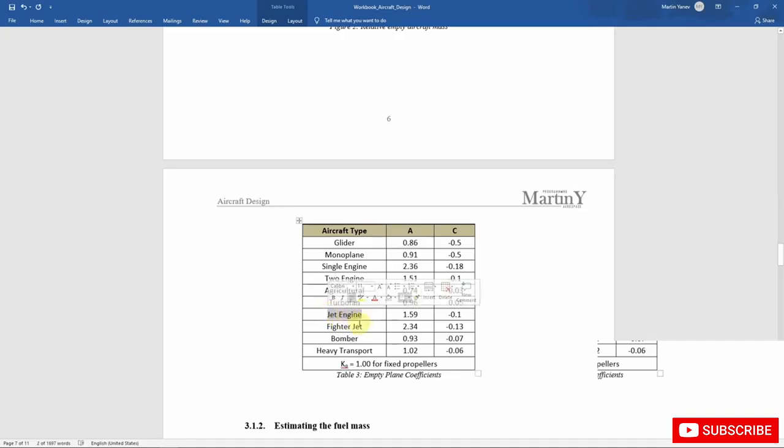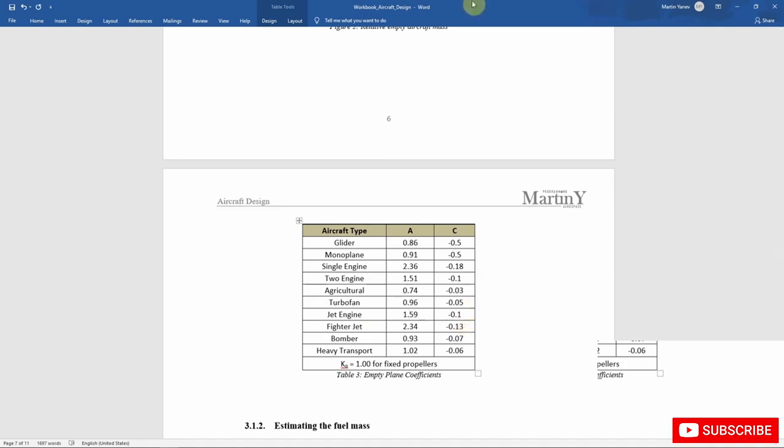Since we have a business jet, it is going to be powered by a jet engine, which is going to be Honeywell, as you saw in the previous videos. So we're going to take A equal to 1.59 and C equal to minus 0.1.